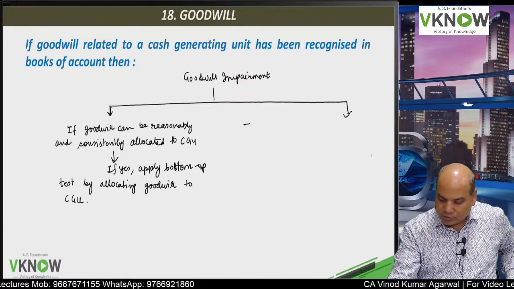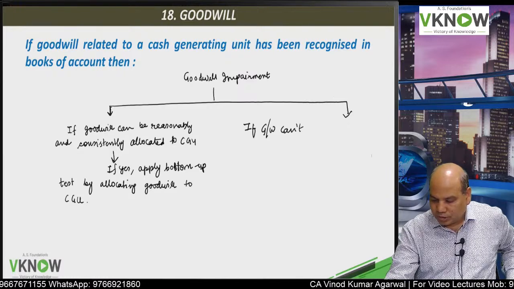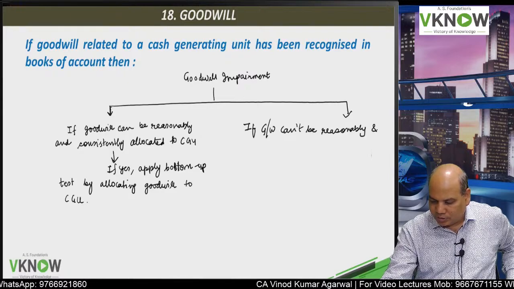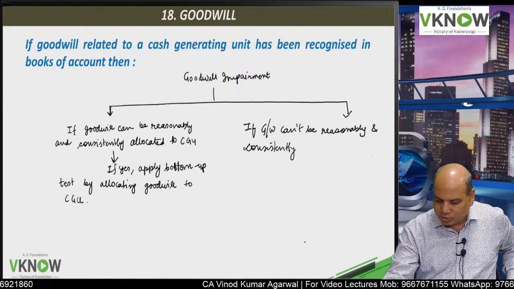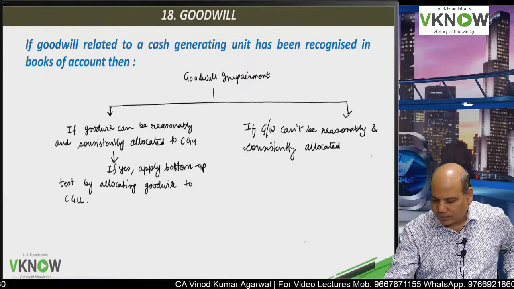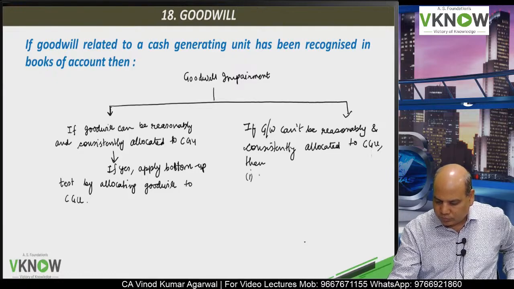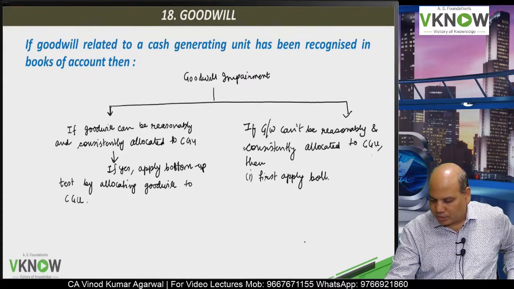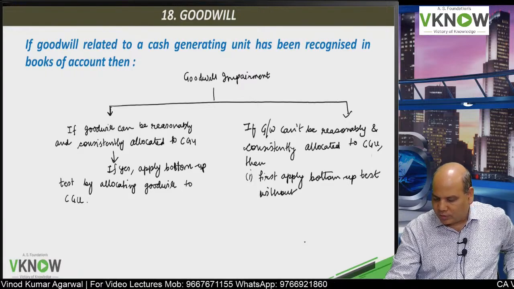And the second possibility is, if goodwill cannot be reasonably and consistently allocated to CGU, then first apply bottom-up test without allocating goodwill.